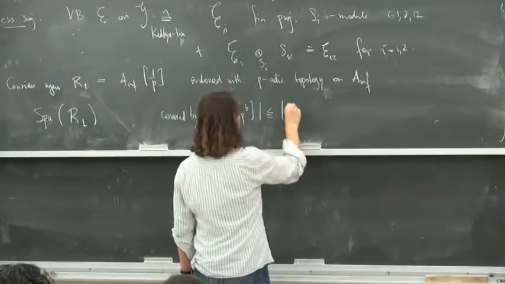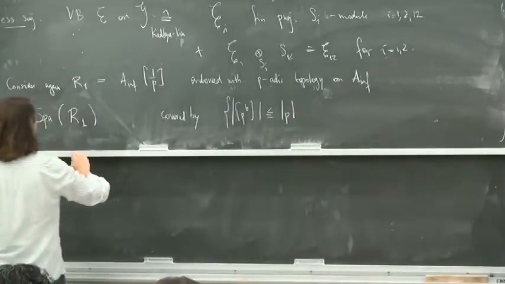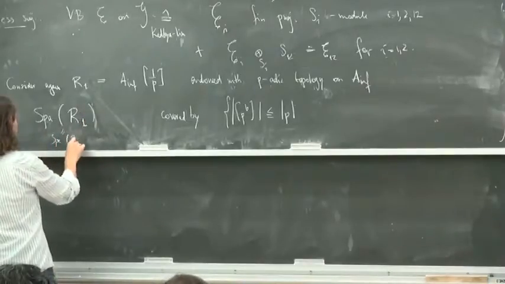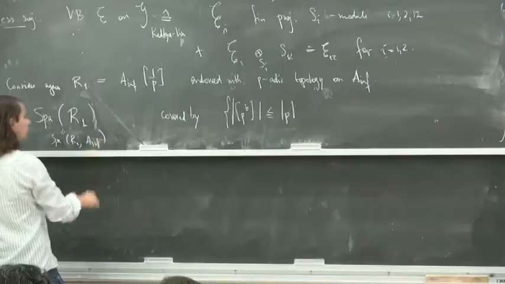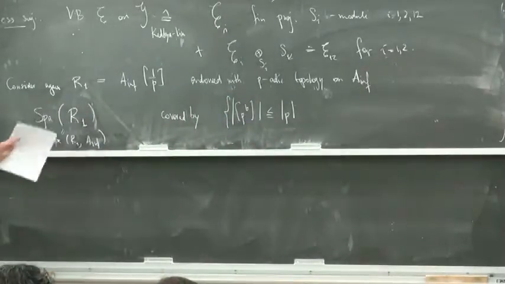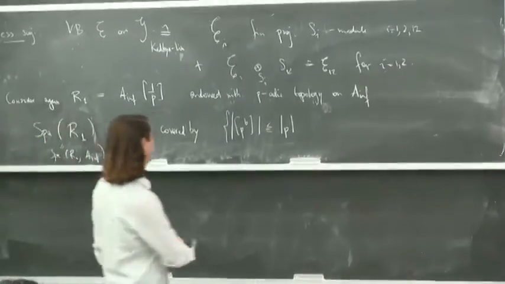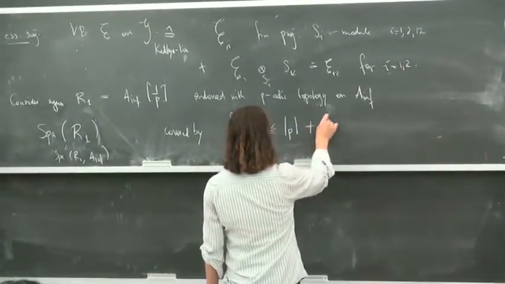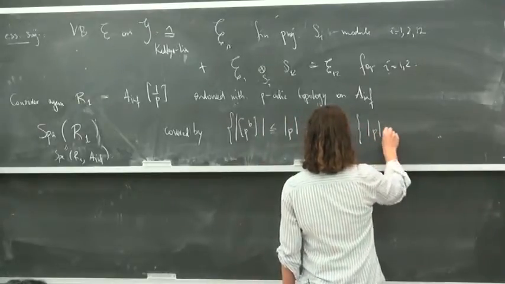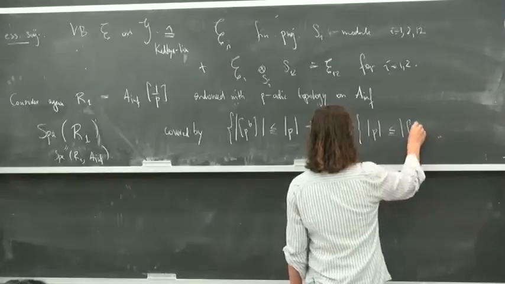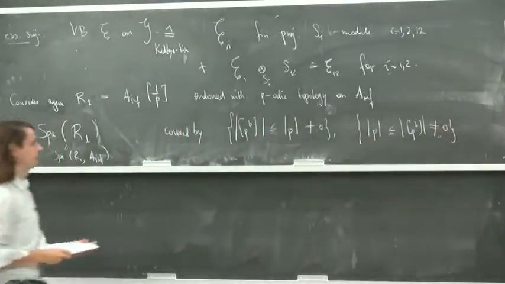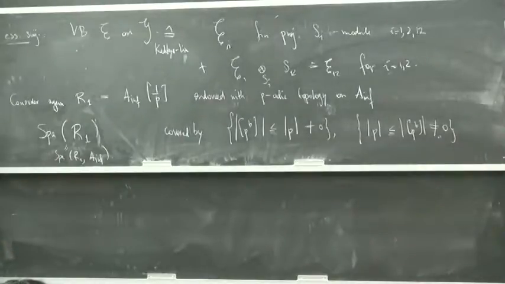This is really Spa(R1, A_inf prime), where these are supposed to be the power bounded elements, and check that these are non-zero. And of course, the intersection is the locus where the absolute values are equal.